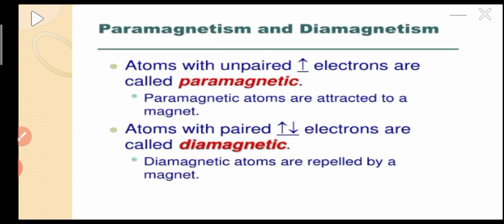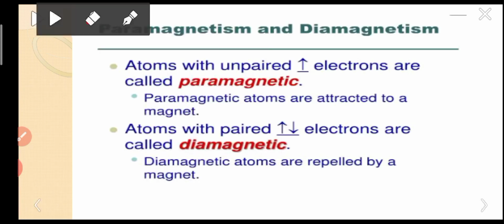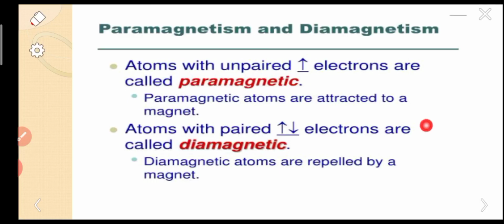Now see the major difference between paramagnetism and diamagnetism. Atoms with unpaired electrons are paramagnetic. Atoms with paired electrons are called diamagnetic materials.